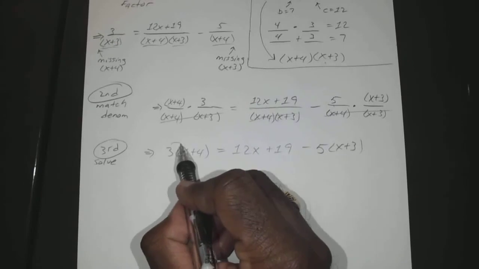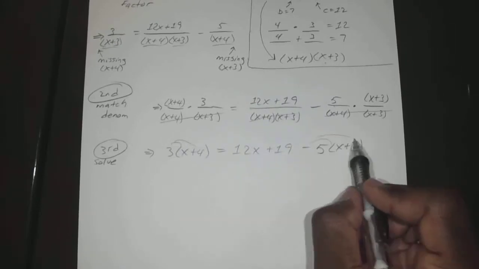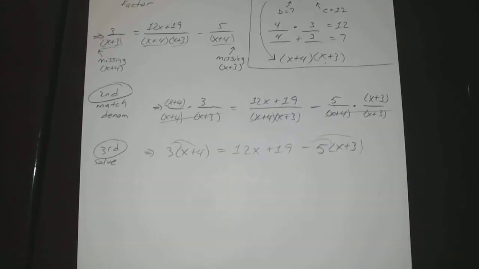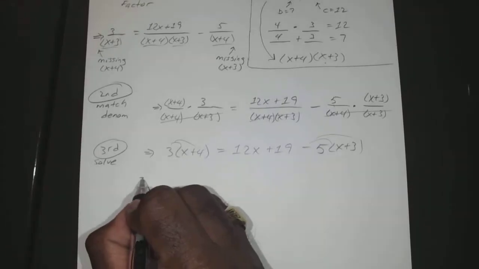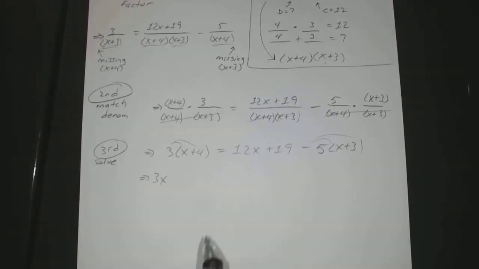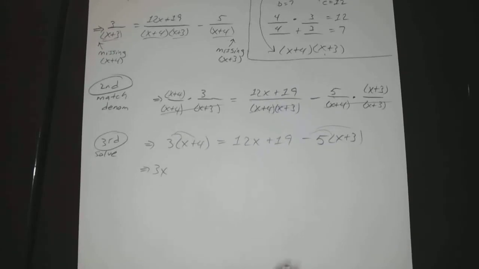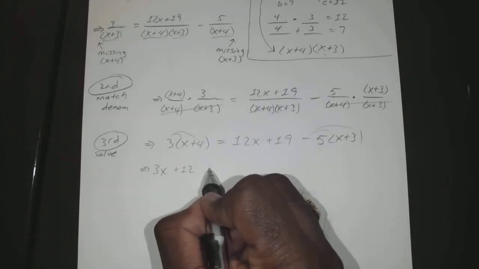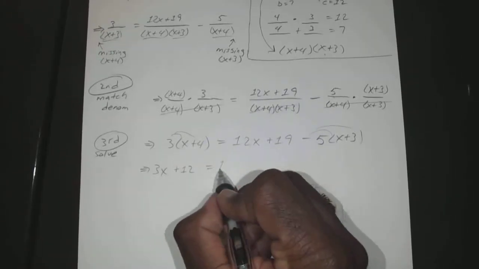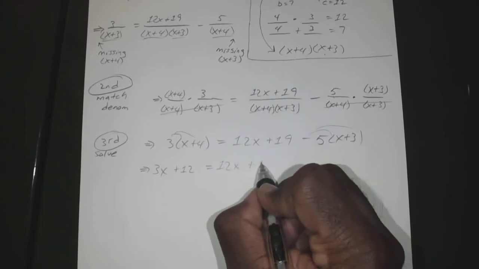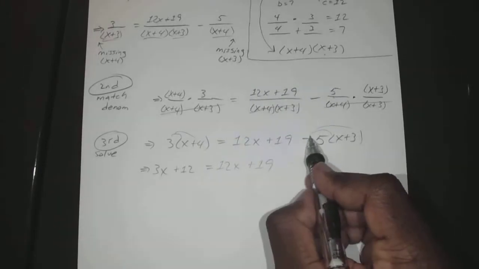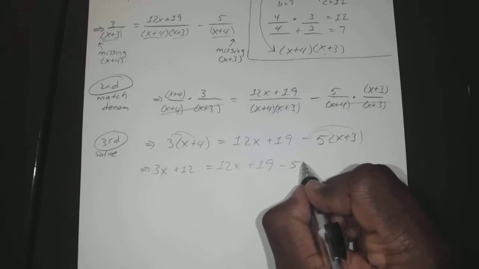Okay, so we get rid of all of our parentheses by distributing. So we have 3 times x, which is 3x. And 3 times positive 4, which is 12. Equals 12x plus 19. Negative 5 times x is minus 5x.